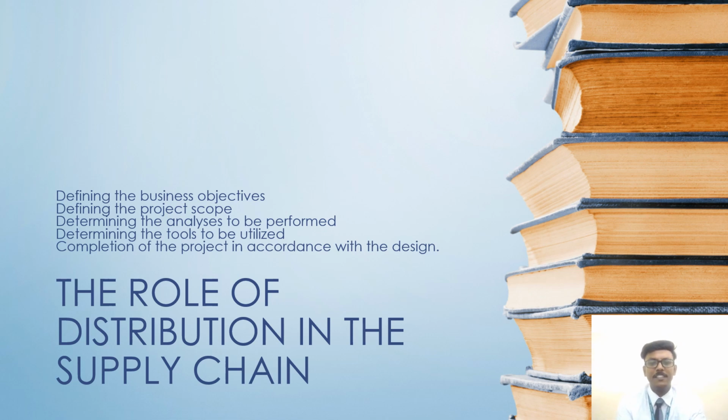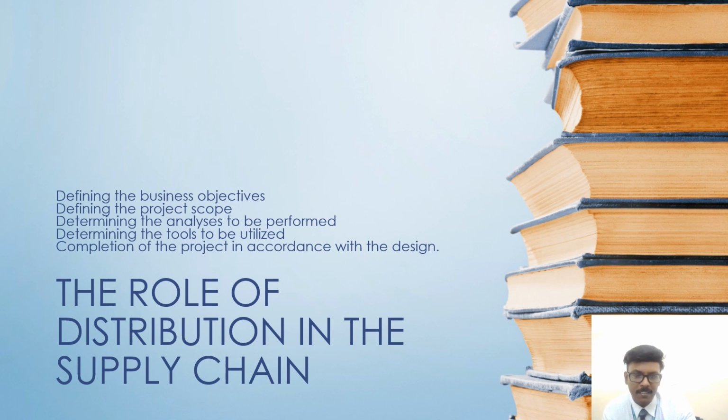So, the role of distribution in the supply chain. Distribution refers to the steps taken to move and store a product from the supplier stage to the customer stage in the supply chain. Distribution occurs between every pair of stages in the supply chain, whether it is raw material shipping or other components required for manufacturing.